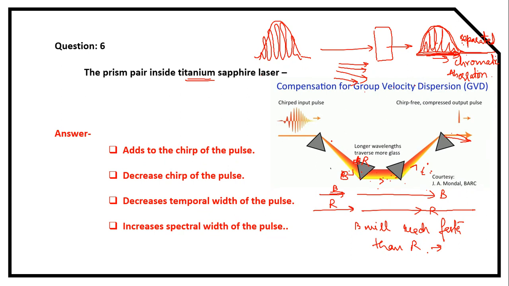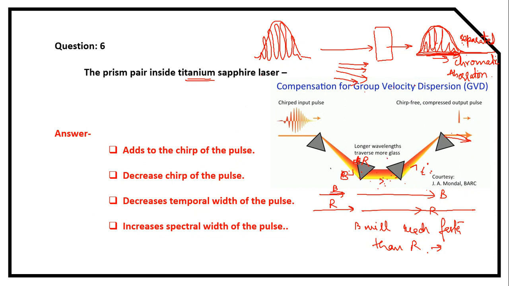The part of the light beam which has a greater velocity is allowed to pass through a longer path, and the part of the light beam which has a lower velocity is allowed to pass through a shorter path. And when they reach the final point, they meet each other.